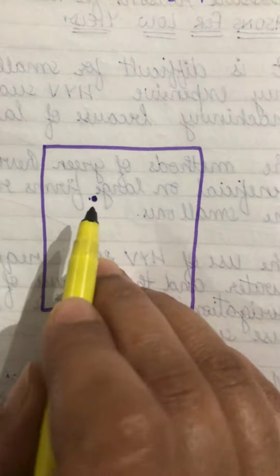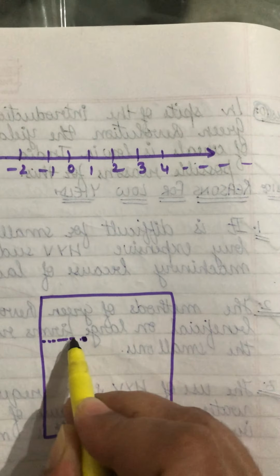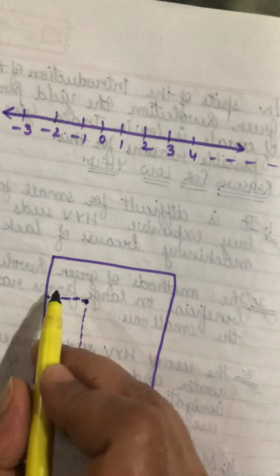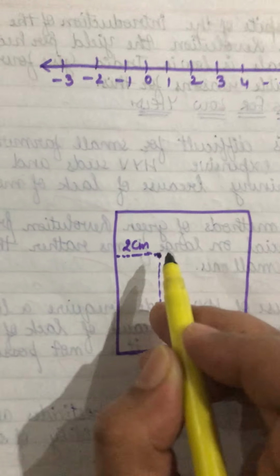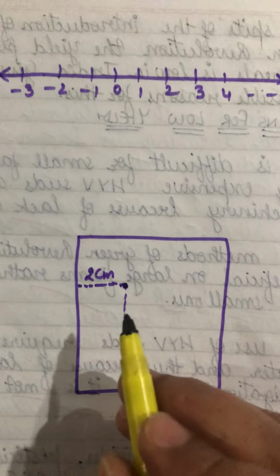No. But suppose I draw perpendicular lines corresponding to the left edge and the bottom line. If we say the dot is nearly 2 centimeter away from the left edge of the paper, it helps to give some idea, but it does not fix the position of the dot.